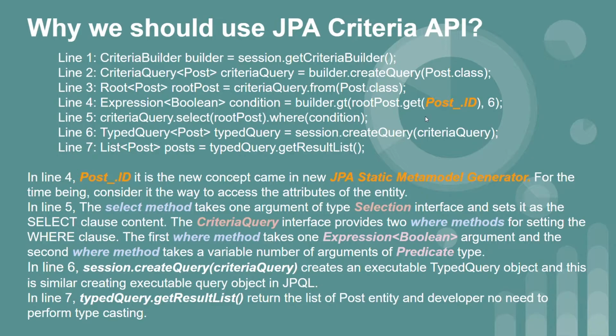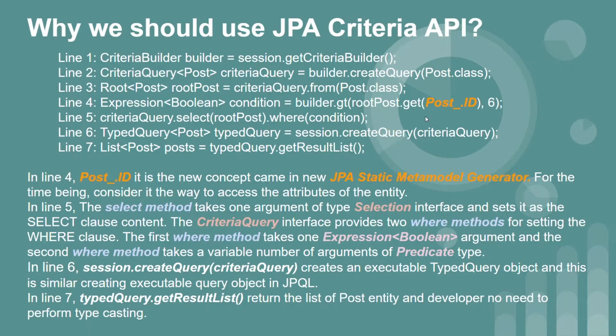Let's focus on the where method. The where method is overloaded. There are two methods: the first one takes an Expression type argument, and the second one takes a varargs of Predicate type. Now let's move on to line 6.